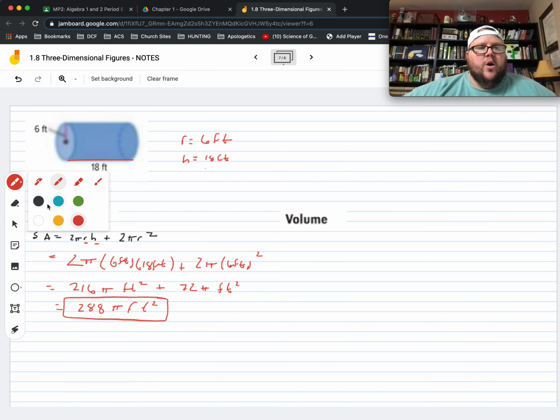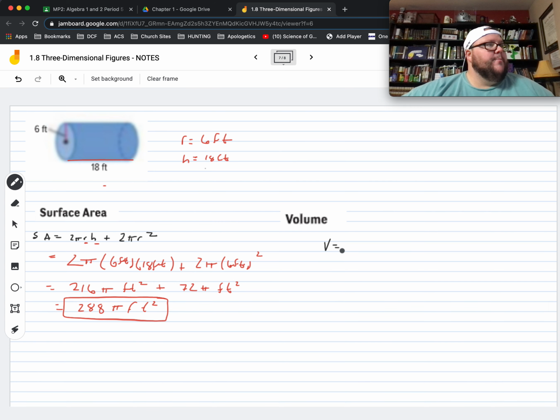Now we'll do our volume. And when we look at our volume equation, our volume is simply volume equals pi r squared h.